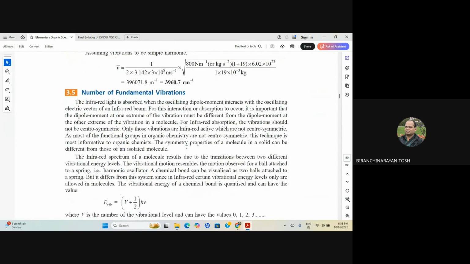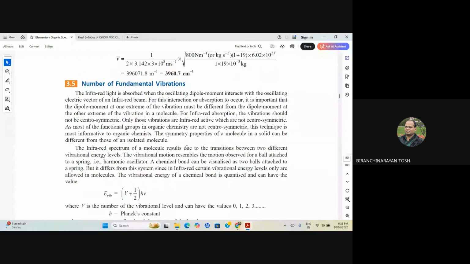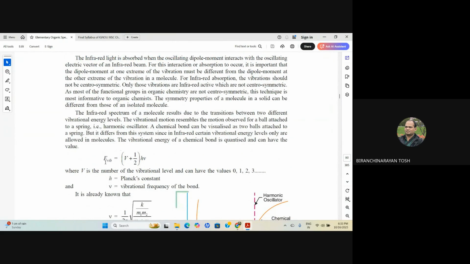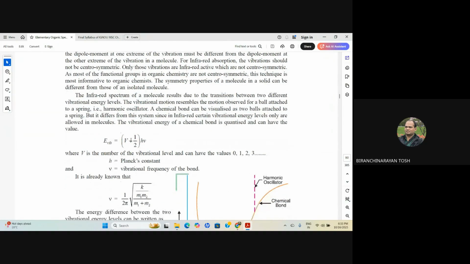Now, the number of fundamental vibrations means how many, if any compound, as I told in case of methyl alcohol, 3 carbon hydrogen bonds are there, 1 carbon oxygen bond is there, and 1 oxygen hydrogen bond is there. So, how many fundamental vibrations will we get? That can be given by the formula: energy of vibration equal to V plus half into h nu.